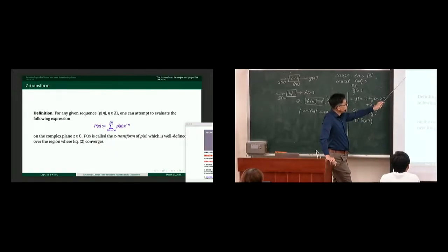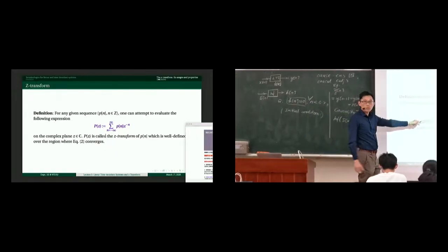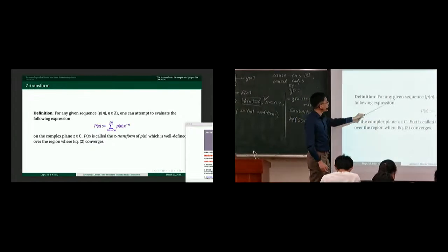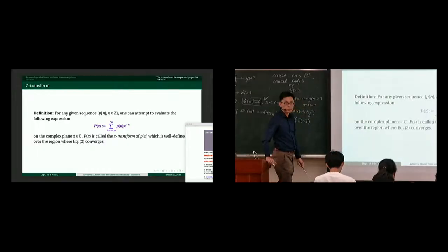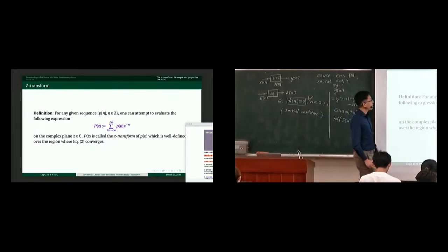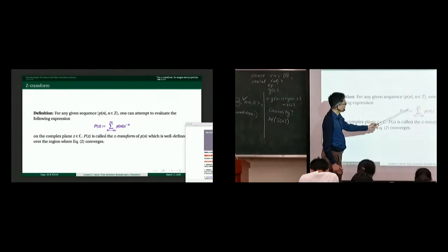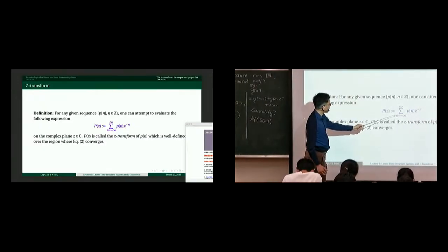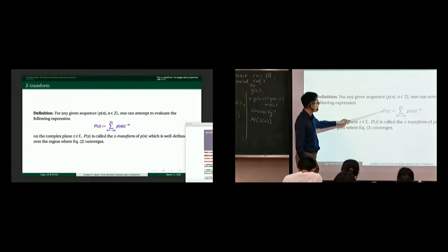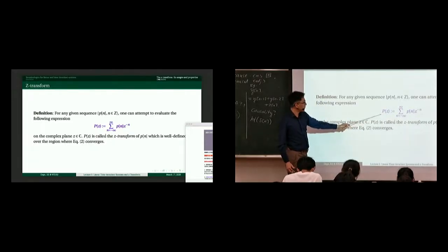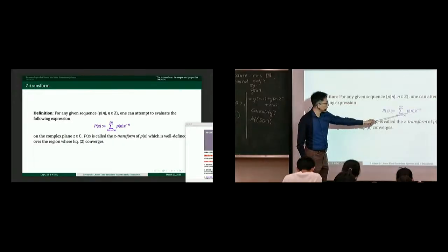Z transform is defined by this expression. Okay? Suppose that you have any given sequence P. Could be input, could be output, could be your impulse response. Any sequence P, then corresponding to your sequence, you can define a function, a function with Pn and Z being the variable.